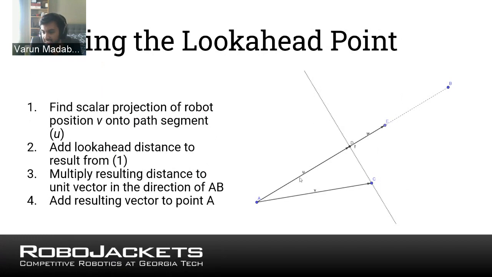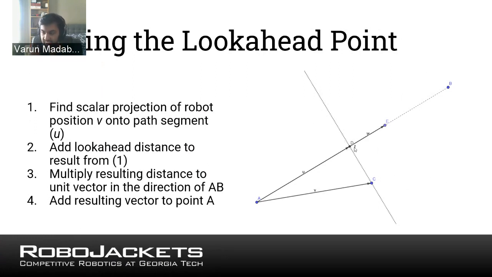And U here actually can just be a unit vector. It just needs to be a vector that's pointing from A to B with length 1. And when you take the dot product of the unit vector with this vector, you get the scalar projection, which is the length of basically the position of the robot on the path. That points to this point here.